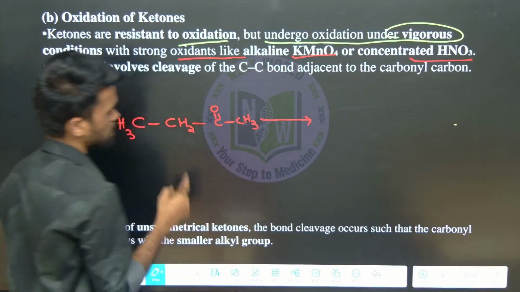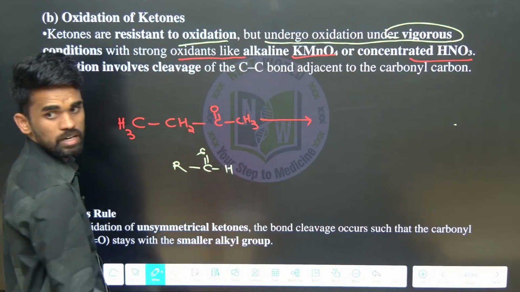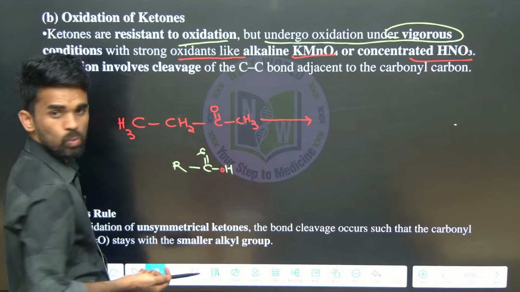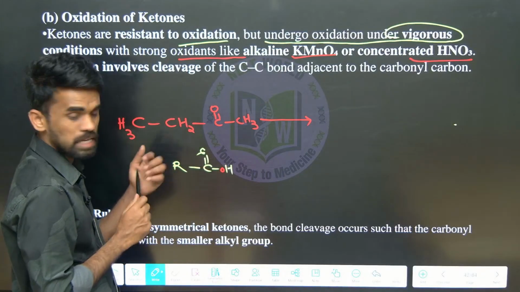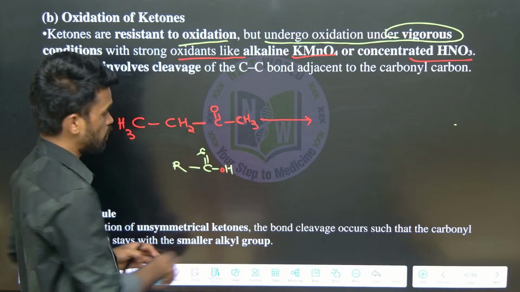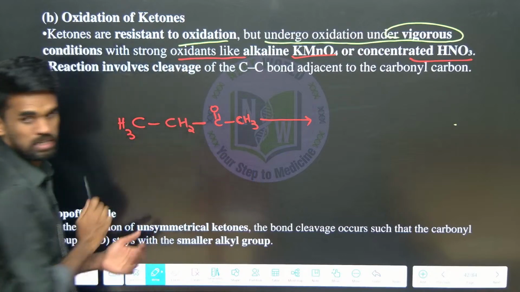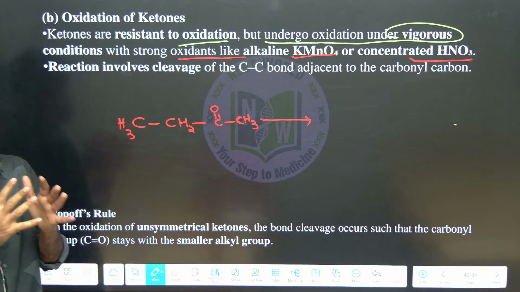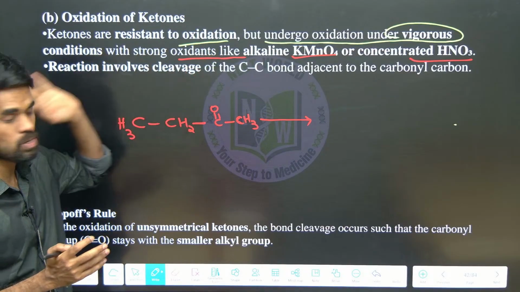In the previous case there is one hydrogen directly attached, so it gets oxidized to an OH group and a carboxylic acid is produced. But in this case there is no directly attached hydrogen, only carbons, so breaking carbon-carbon bonds is difficult. That's why strong conditions are required.